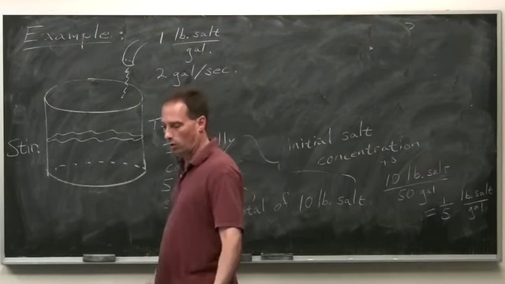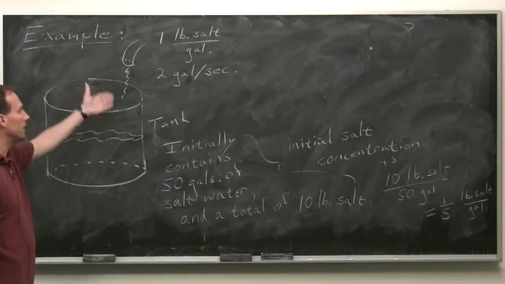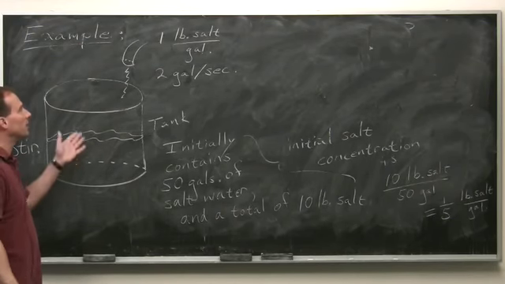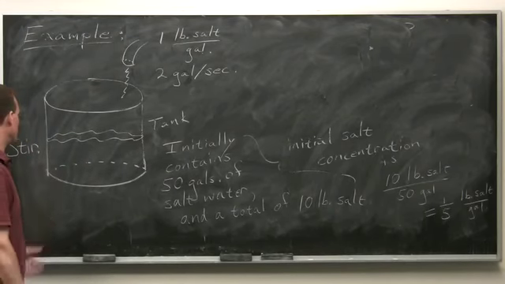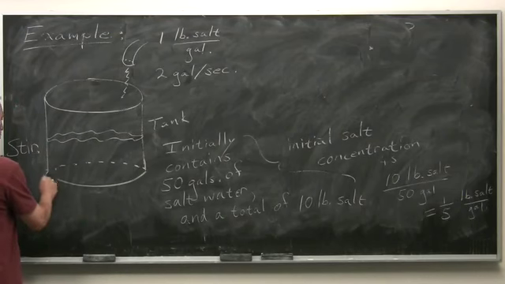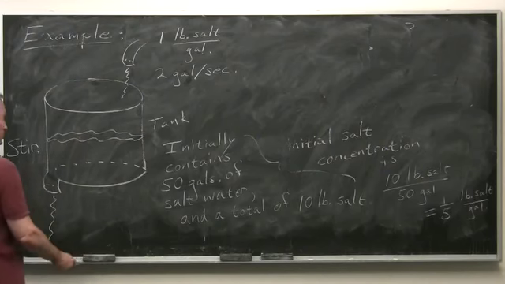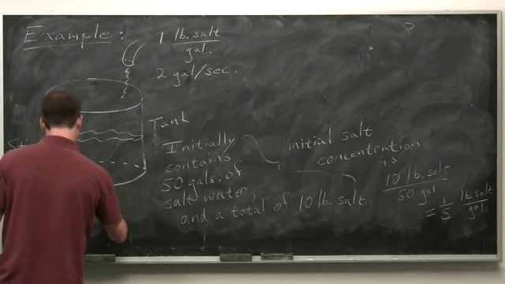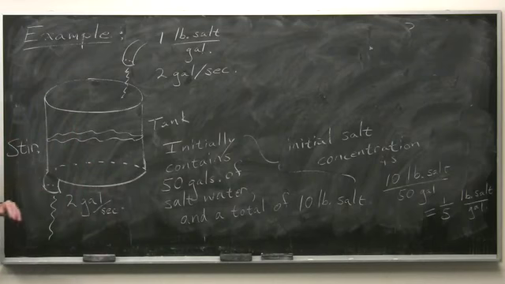All right, so salt water that's saltier than what we start with is streaming into the tank at 2 gallons per second, and its salt concentration is 1 pound of salt per gallon. We're stirring constantly, and now we're draining out. We're going to remove salt water at 2 gallons per second so that the level of the tank stays constantly at 50 gallons.